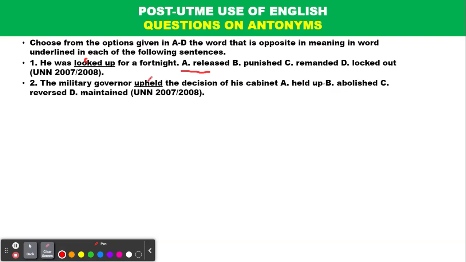B, abolished. C, reversed. D, maintained. The correct option is C, and that is reversed. When a decision is taken by your cabinet and you say no to that decision, you have reversed it. Okay, so that is actually the appropriate option.